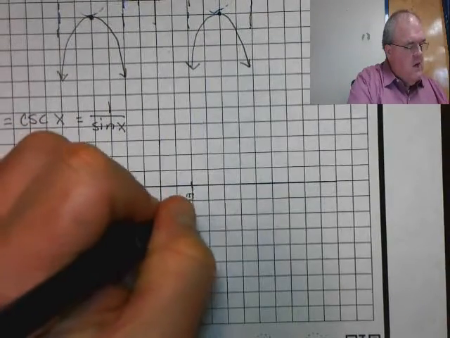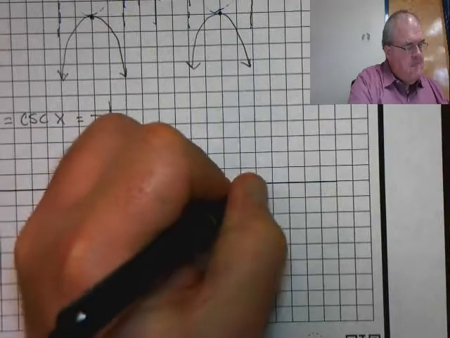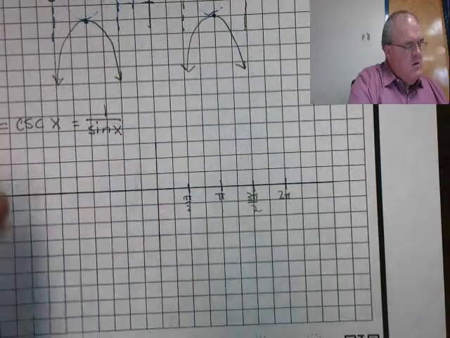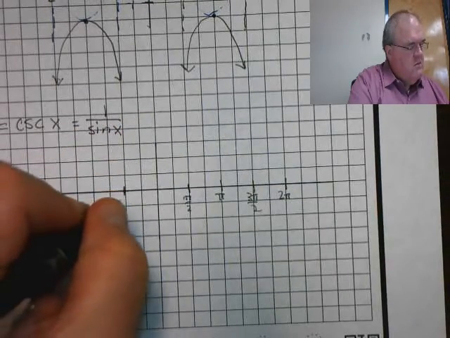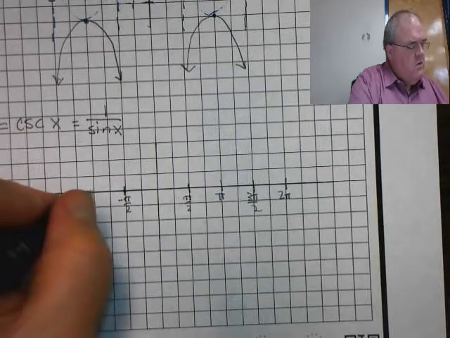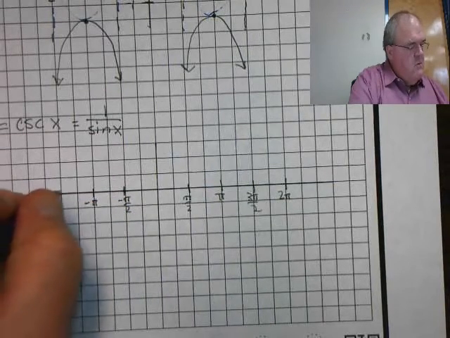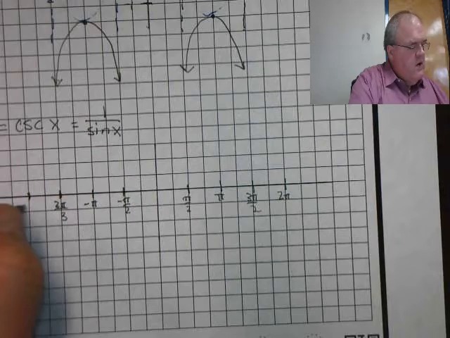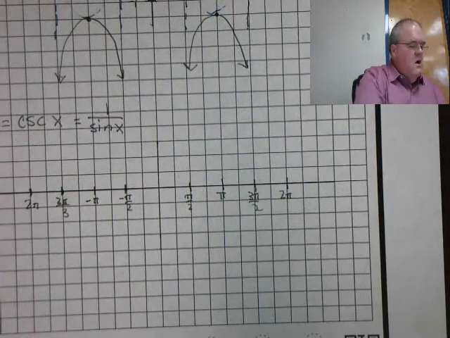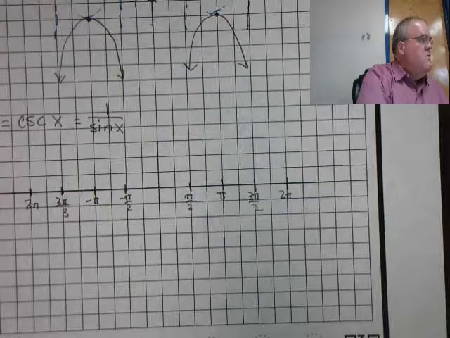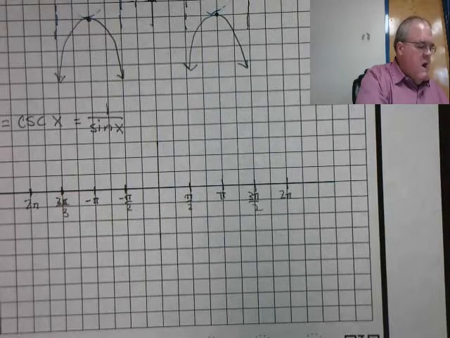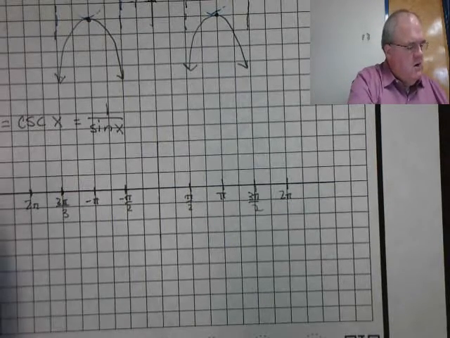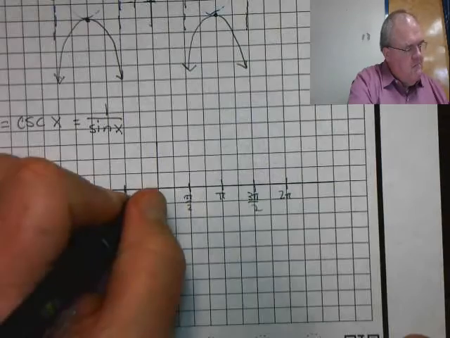I'm going to label my important points, and then I'm going to reflect those important points across the zero. And remember, whenever you have to graph two periods, you have to show me your important points. Don't leave me guessing, because I'm probably not going to.